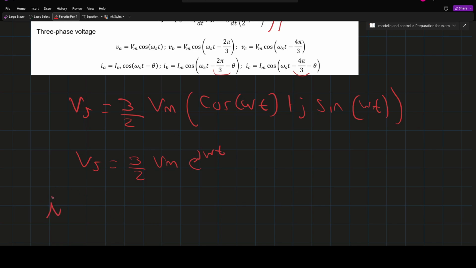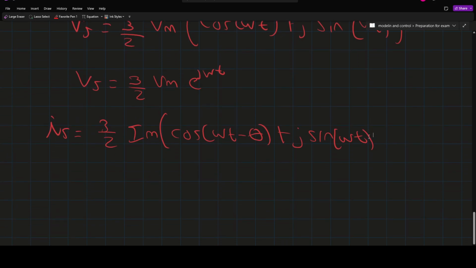And if we do the same, our current phasor is gonna be 3/2 Im (cos(omega t minus theta) plus j sine(omega t minus theta)), where theta is the angle between the voltage and the current. When we write this as a phasor, it is also 3/2 Im e^(j(omega t minus theta)).